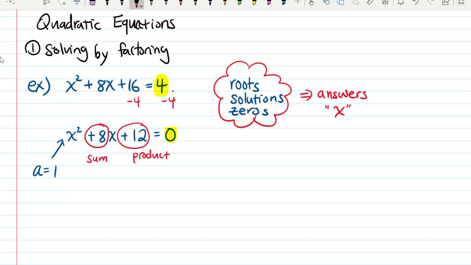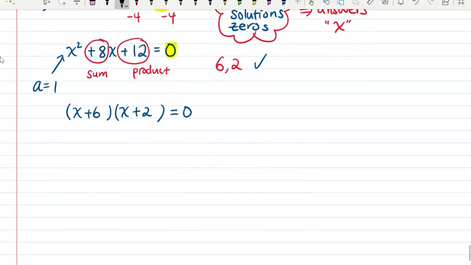So think of two numbers that make the product of positive 12, which can be 6 and 2, and if you add these two numbers, it will give us the positive 8. So we got the right numbers, and you're just going to rewrite the equation using the factored form. So two sets of brackets, x plus 6 and x plus 2, and that equals 0.